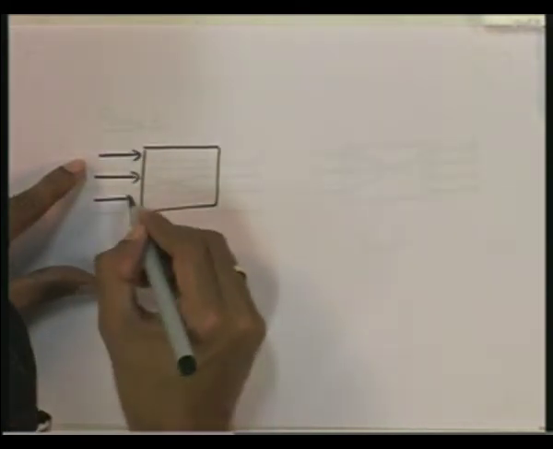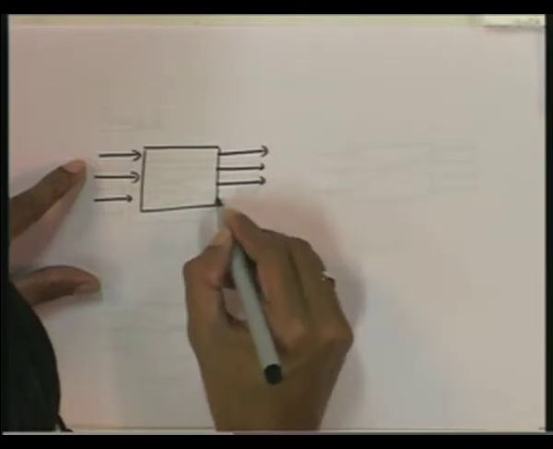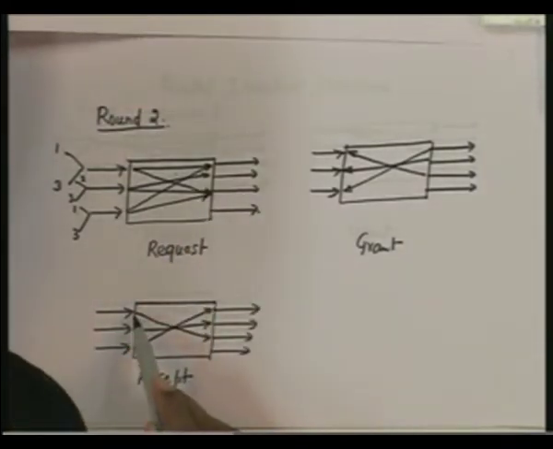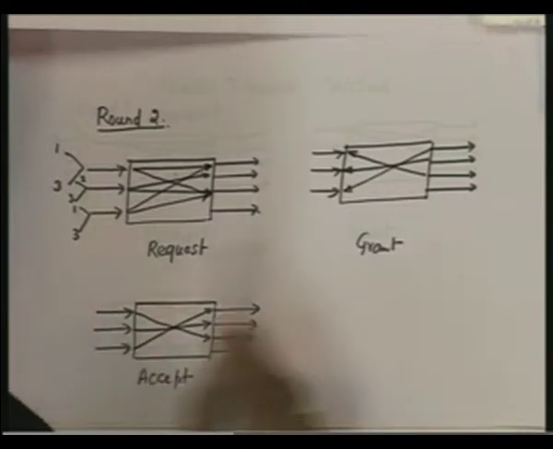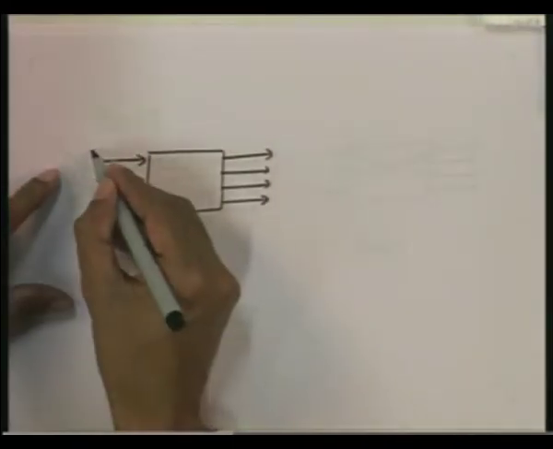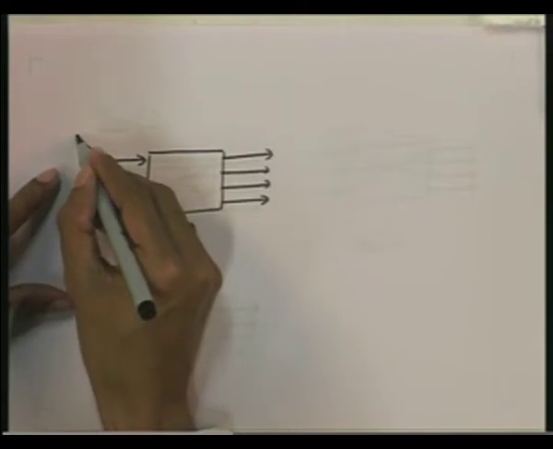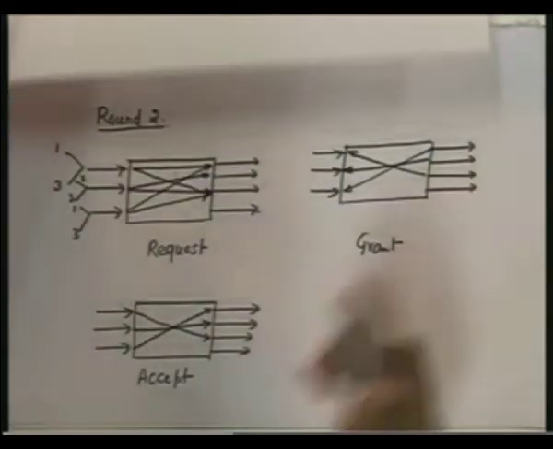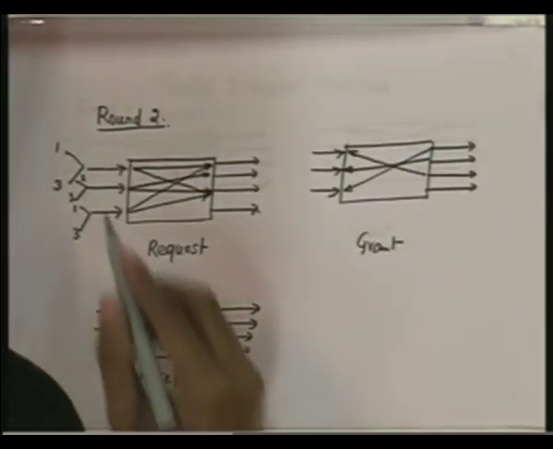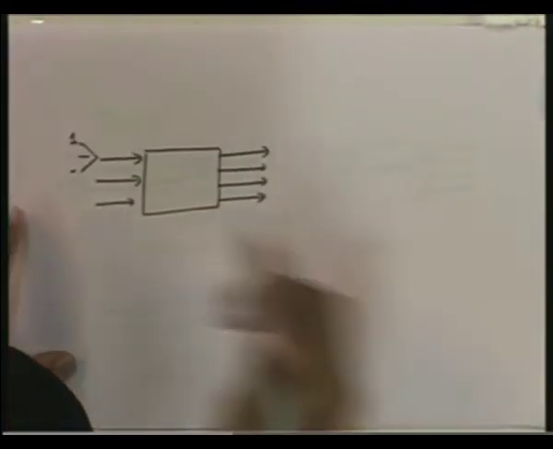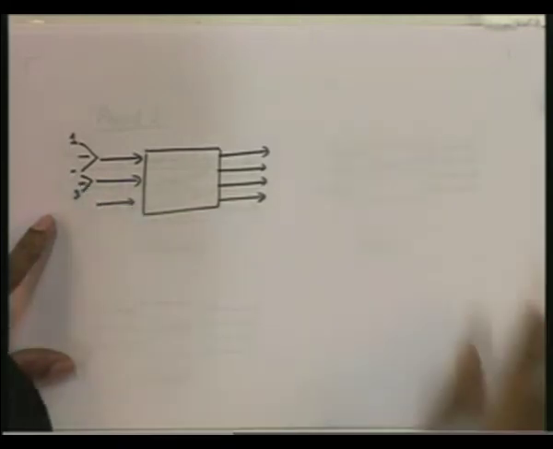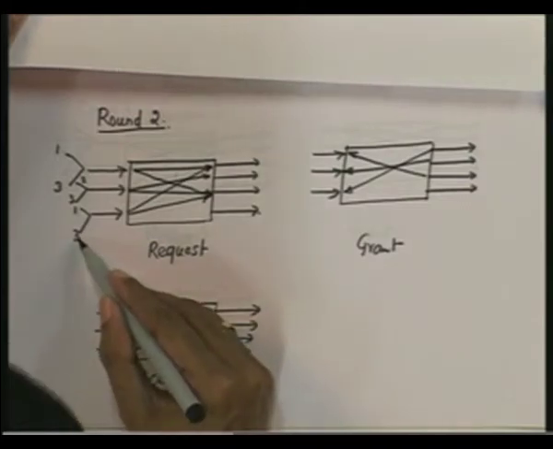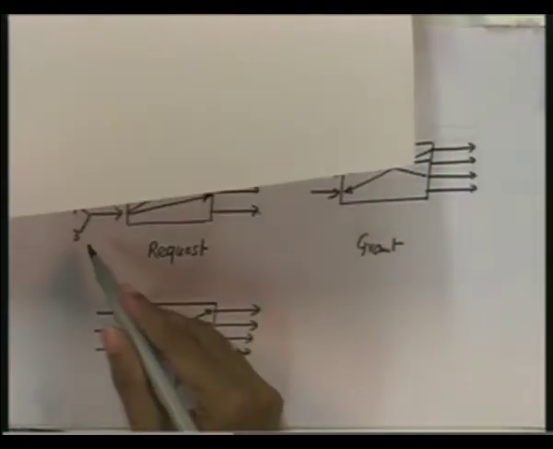The first input port has transmitted 3, so now only packet 1 is left here. These have already been transmitted. In input port 2, only packet 3 is left here. And in this case, 1 has transmitted, and packet 3 is left here.